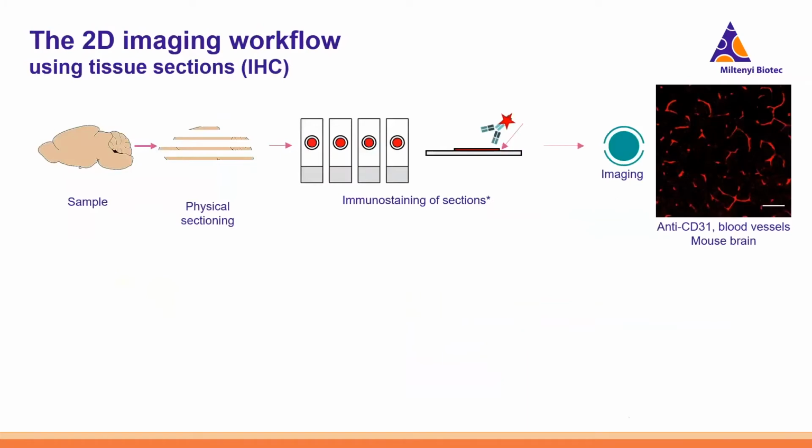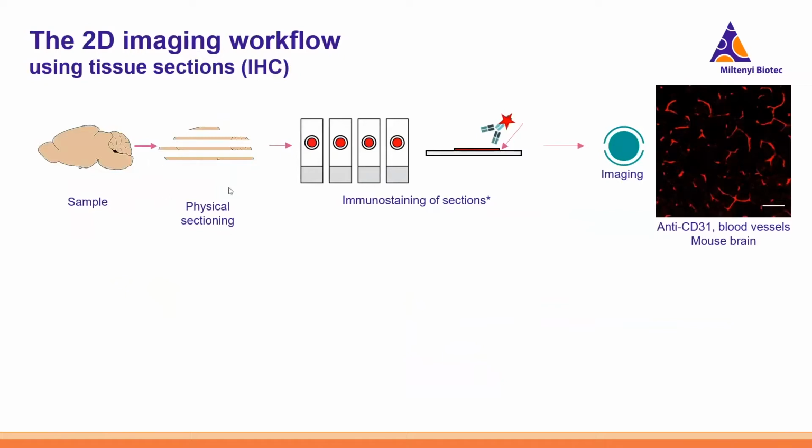So if we have a look at the workflow to analyze these tissue sections in 2D, you generally start out with a rather large sample, here described as a mouse brain, for example. And what you do is you perform physical sectioning.